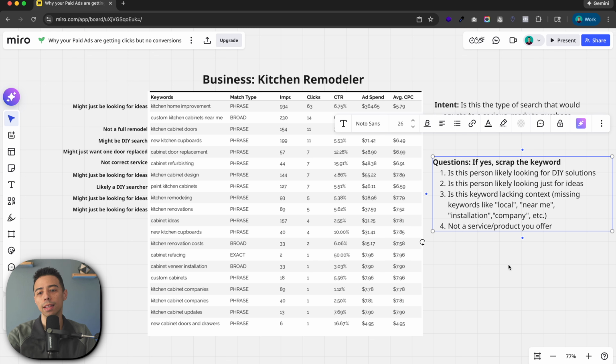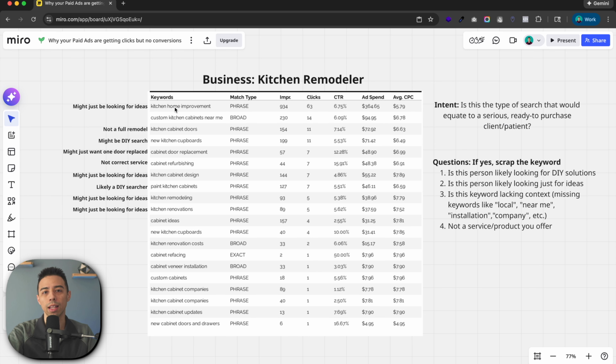And then last but not least, does the keyword contain something that is not a service or a product that you offer? If the answer is yes to any of those questions, then you probably want to skip out on those keywords. Right here on the left, again, we have a column just for the keywords that were added to the account. And then right next to that, I put reasons why that keyword might not be best and why it's not working for this particular client.